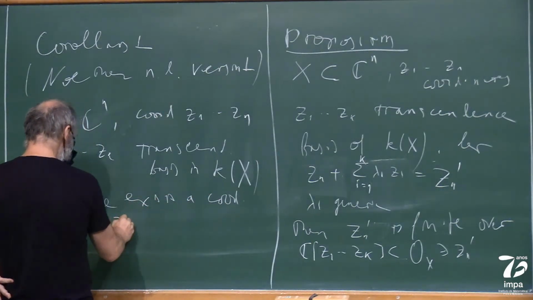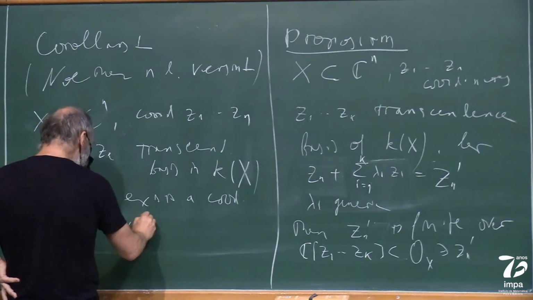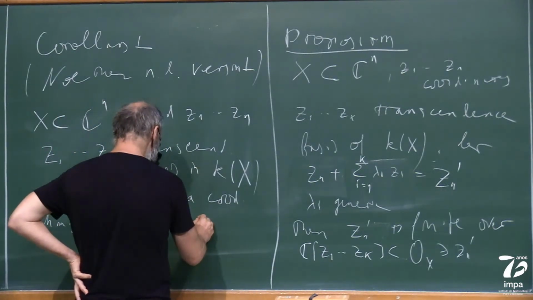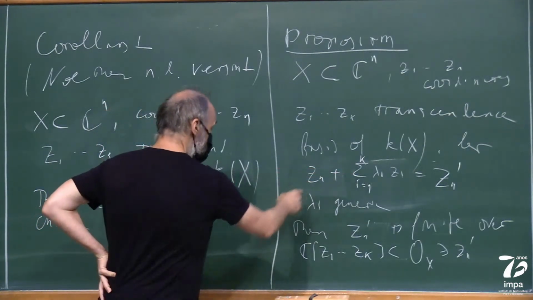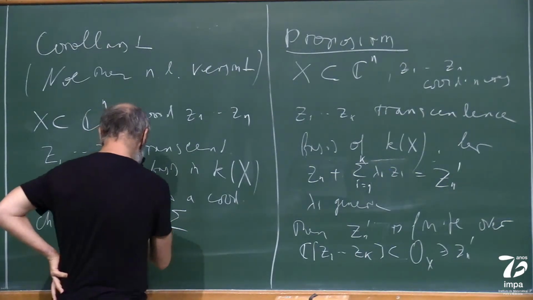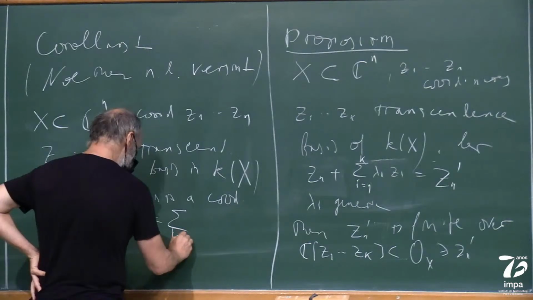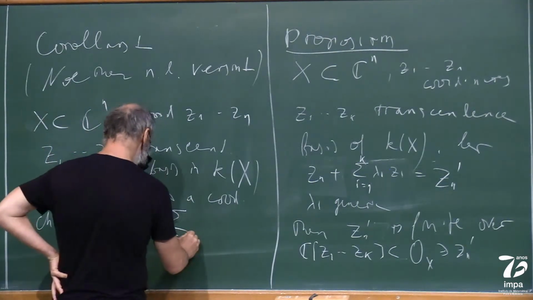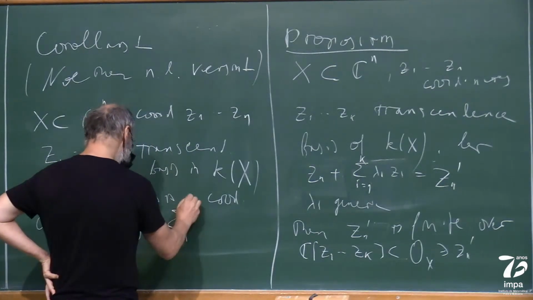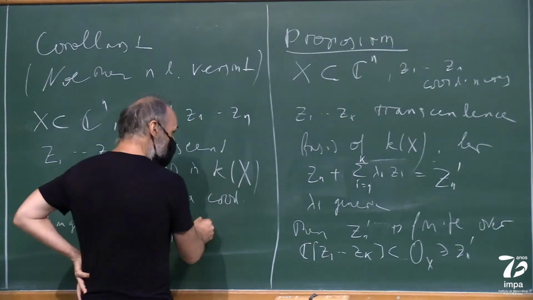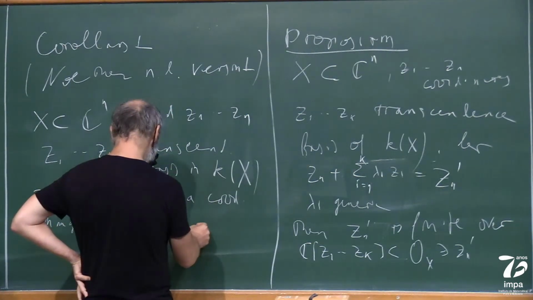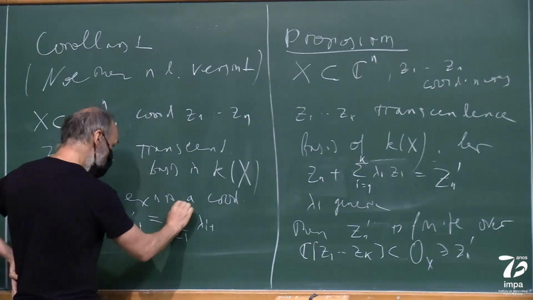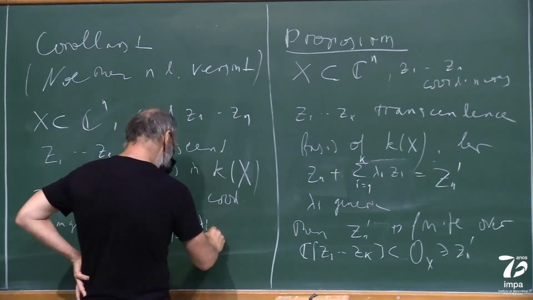Similar to that, we take z_{k+j} prime as a new coordinate, equal to z_{k+j} plus a sum over i from 1 to k of lambda_{ij} z_i.